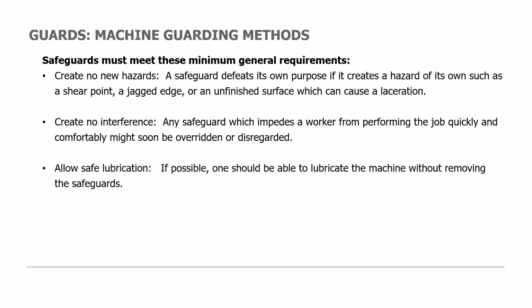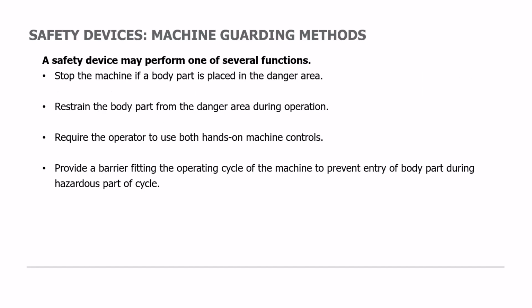Any safeguard which impedes a worker from performing the job quickly and comfortably might soon be overridden or disregarded. Allow safe lubrication. If possible, one should be able to lubricate the machine without having to remove any type of safeguards. And once again, this is all done through the design of the equipment from the manufacturer.